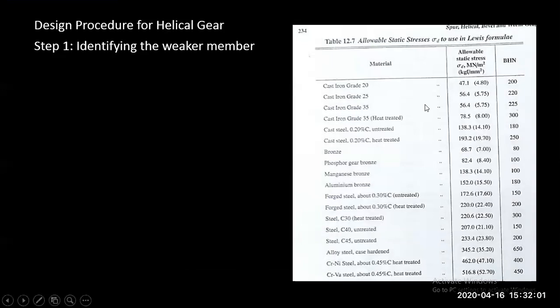Right. So this is our table for taking the allowable stress. We need to take the allowable stress, sigma d, from page 234. Let's see what is given. C40 steel untreated.